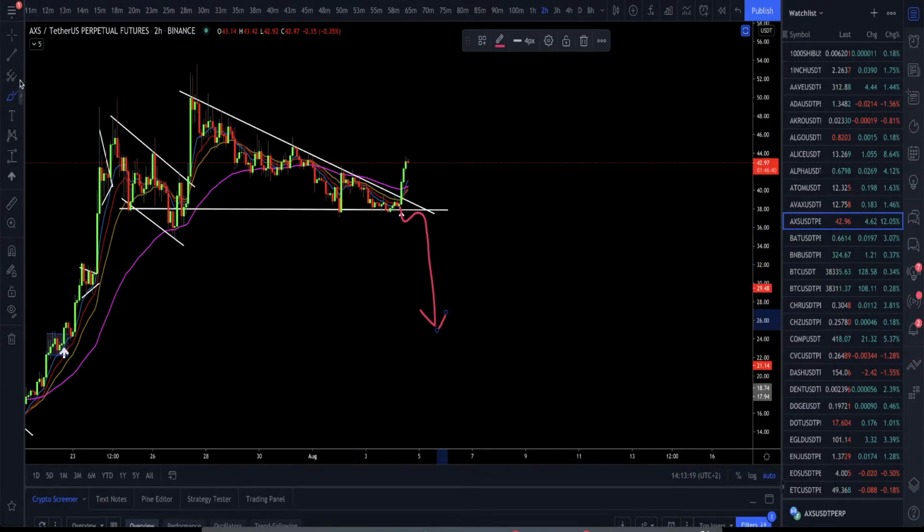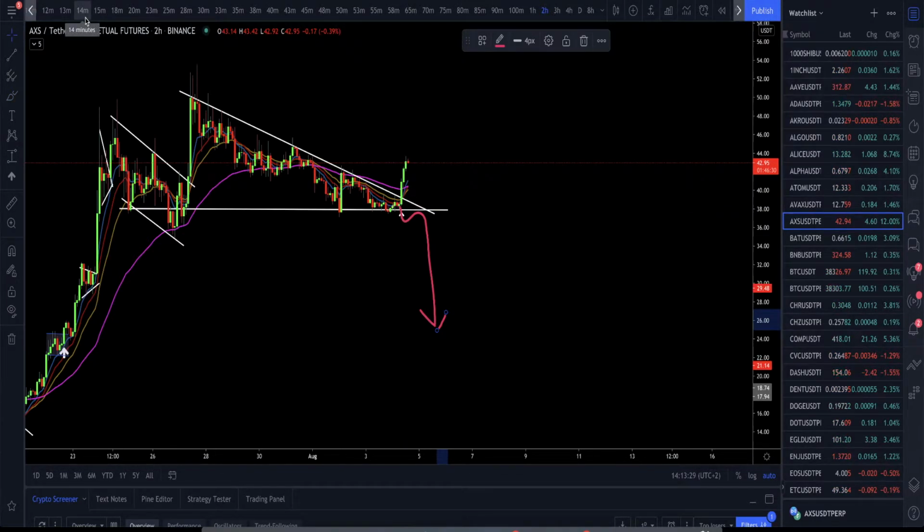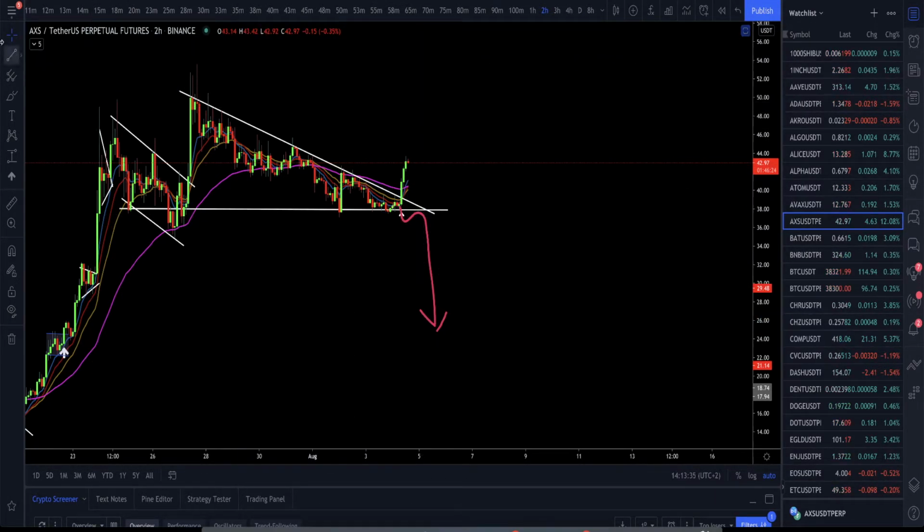But in this scenario, this is definitely breaking up, but not really retesting it. Maybe in the small time frame, I think it has retested.